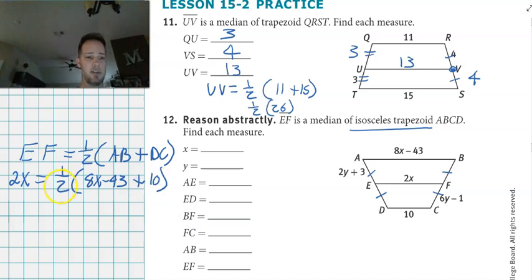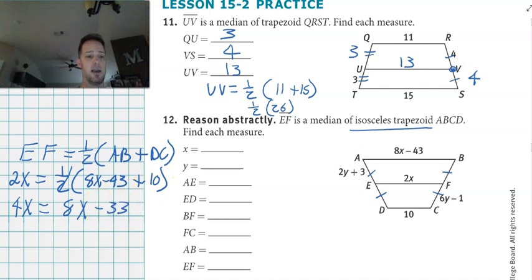All right, so instead of distributing this 1/2 and getting a decimal here, I'm going to multiply both sides by 2 to cancel out the fraction. Multiply by 2 here, we'll get 4x. Multiply 2 on the right side, it just cancels out the 1/2. So 4x equals 8x minus 43 plus 10 would be minus 33.